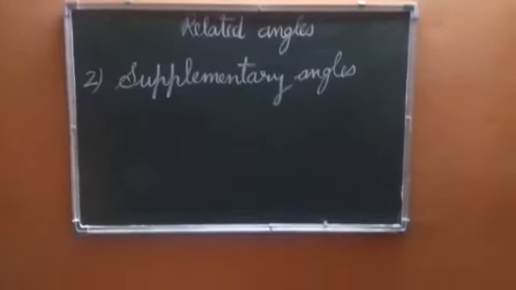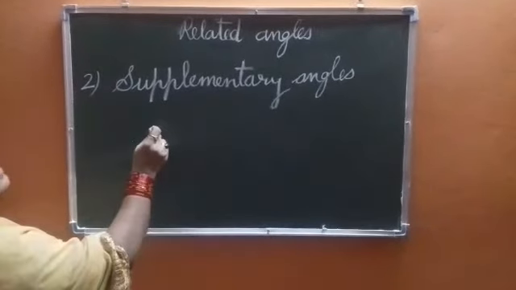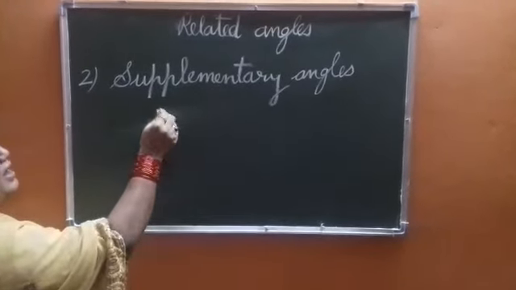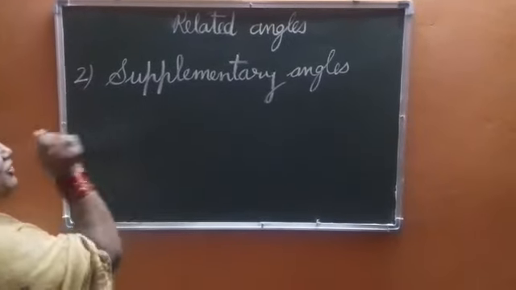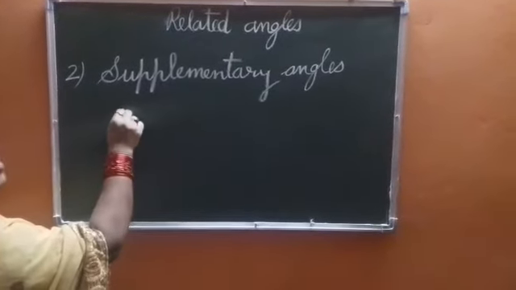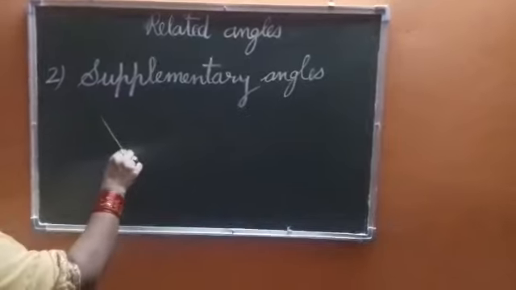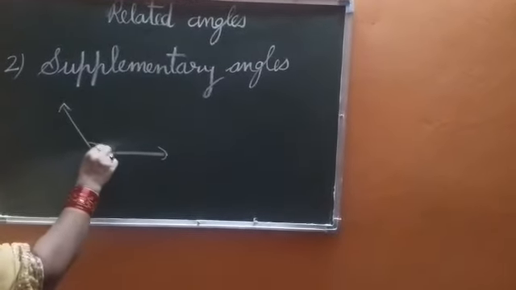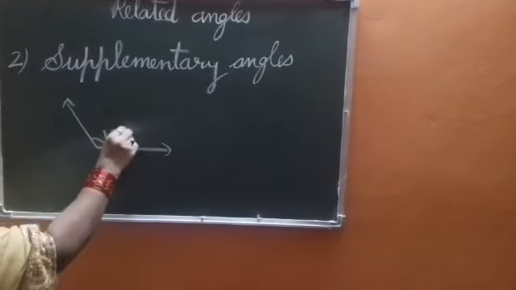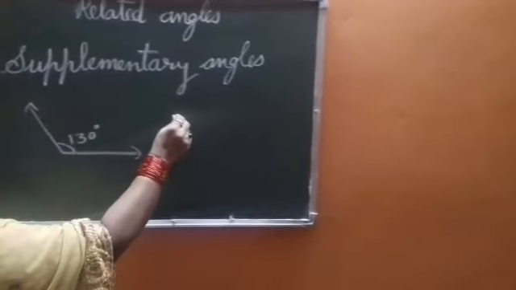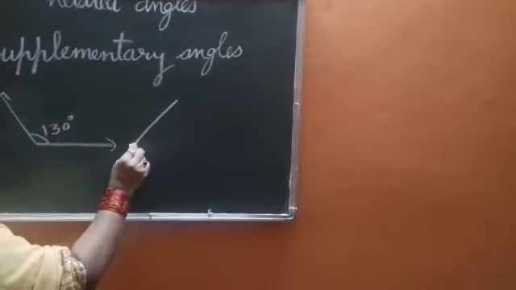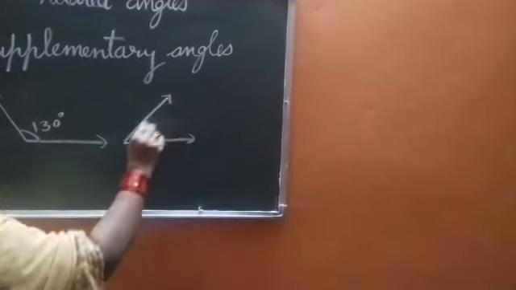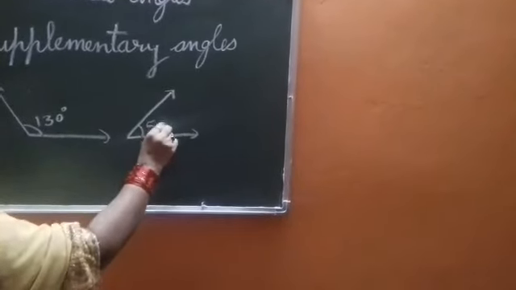Supplementary angles, same like our complementary angles. Supplementary angles are angles whose sum is equal to, let's see, suppose we have this angle. The measure of this angle is 130 degrees. Let us have another angle. The measure of this angle is 50 degrees.